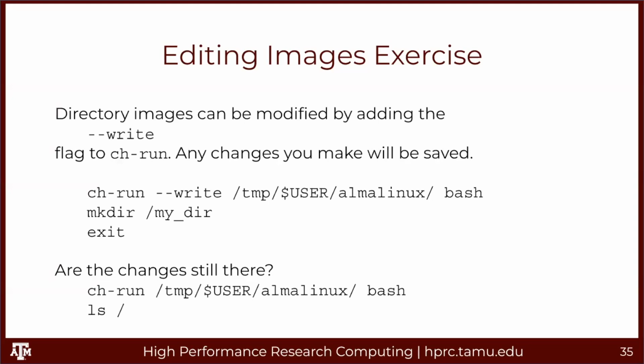So we are going to do ch-run with the name of the image, but this time it's the path on disk for the name of the image. And then the executable will be bash because we just want to do some file system things. So let's grab some of these lines and see what they do.